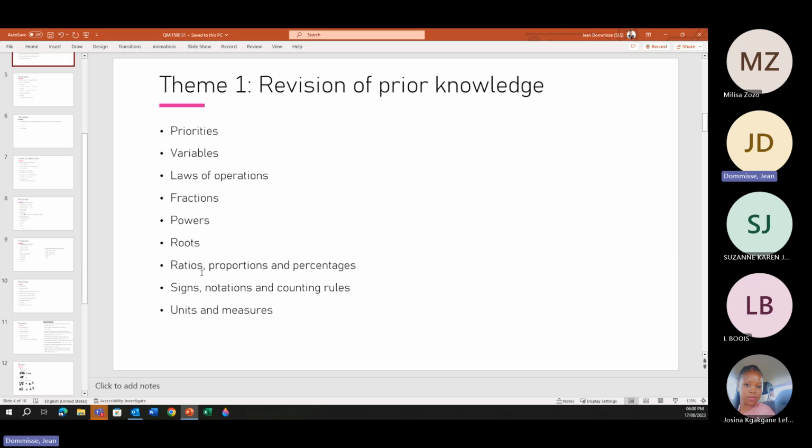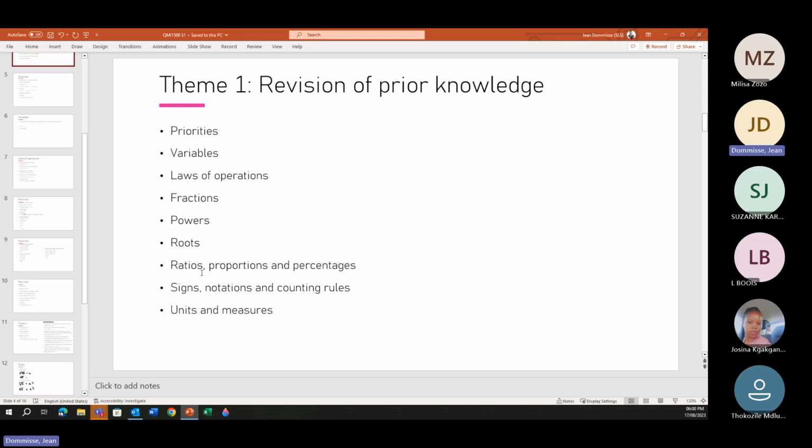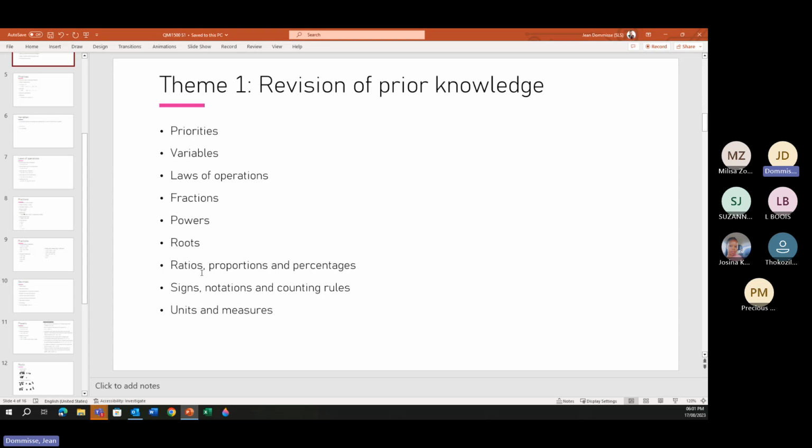In theme 1, they assume with QMI and a lot of other decision-making subjects that you had some maths background. Sometimes that's not possible and you had other subjects, so we normally do a quick recap of things that are important to cover in the study unit. So theme one is basically looking at previous work.